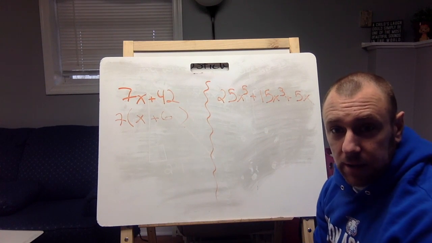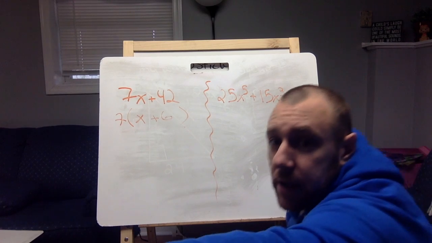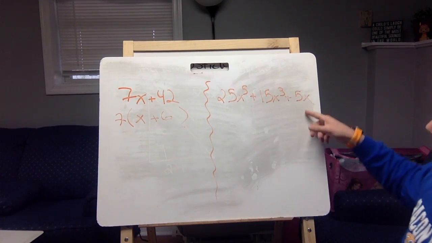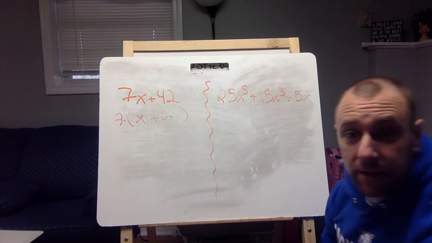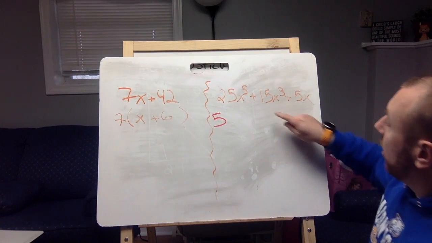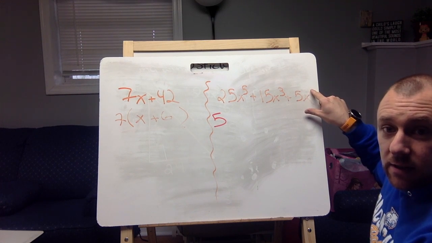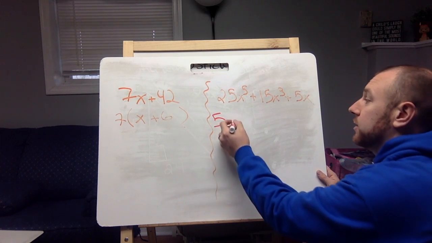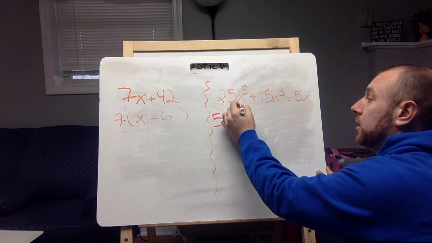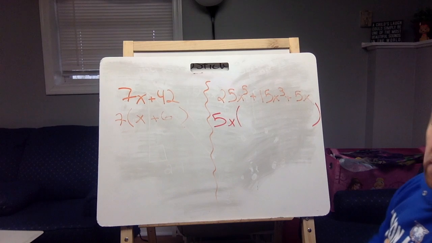That's what factoring means. The second example, you'll notice that all of these numbers are divisible by 5. So I'm going to have a 5 on the outside. And then all of them also have an x, and x here is to the first power. That's my smallest power, so I'm going to take that out. In factoring this, I divide each one of these numbers by 5.